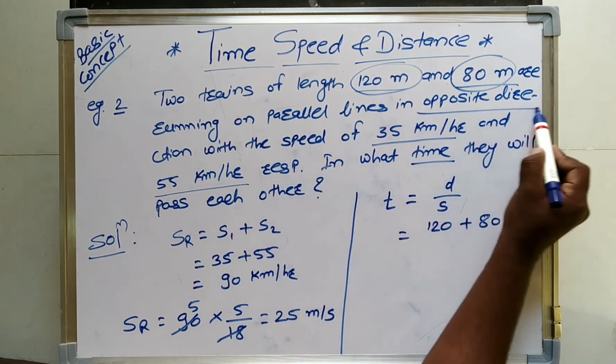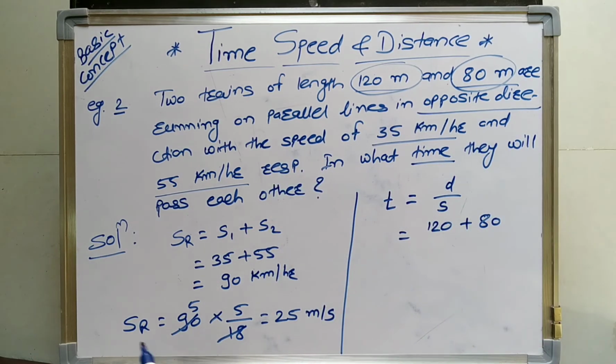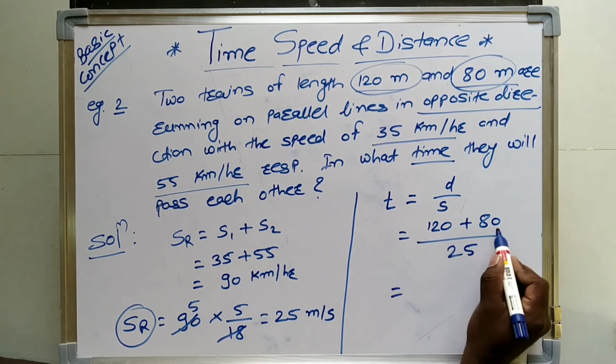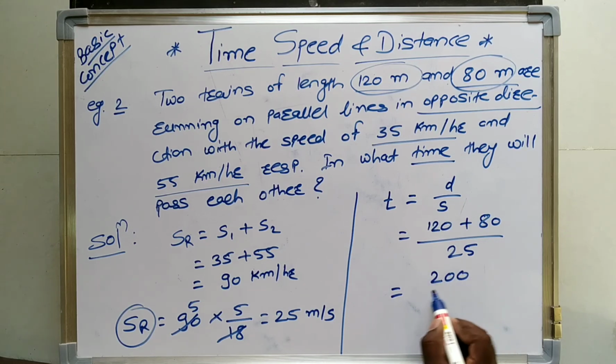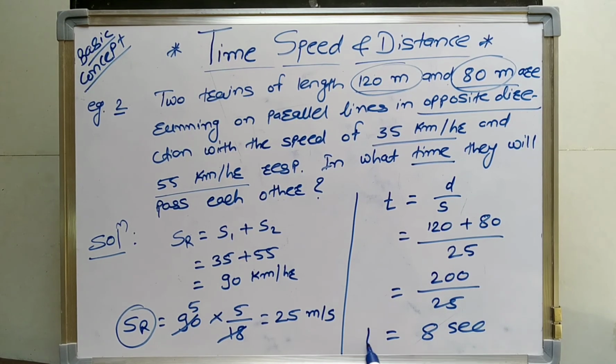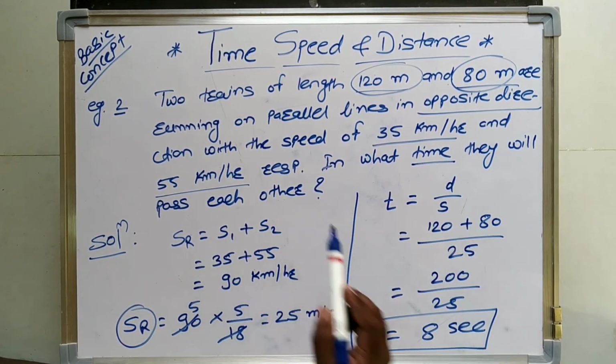They are running in opposite direction, so we have to consider the relative speed, which in meter per second is 25. So 120 plus 80, that is 200, upon 25. So your answer will be 8 seconds. That is 8 seconds will be required to pass each other.